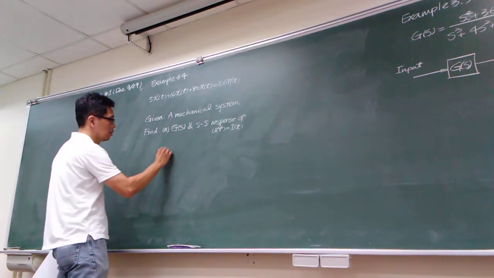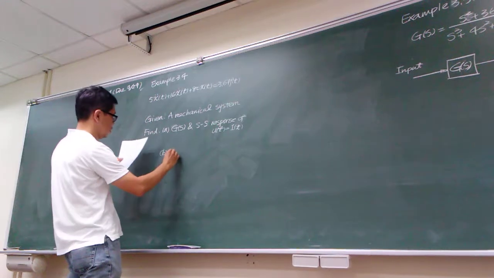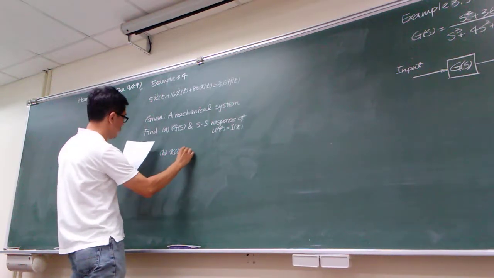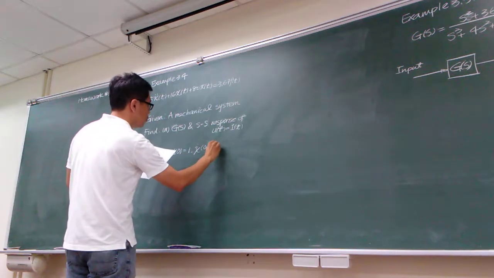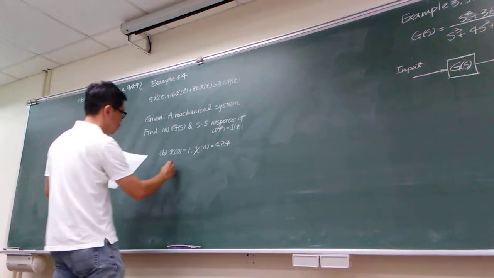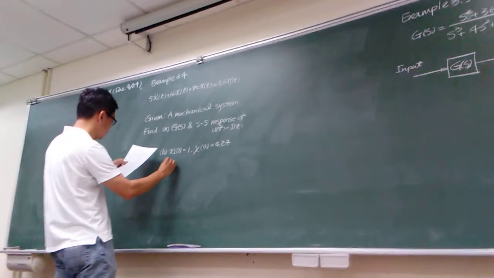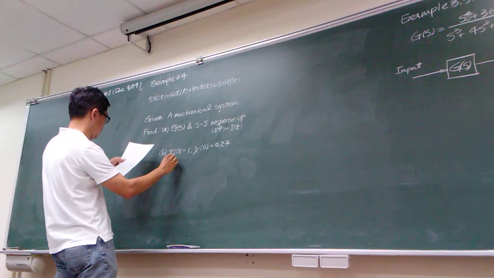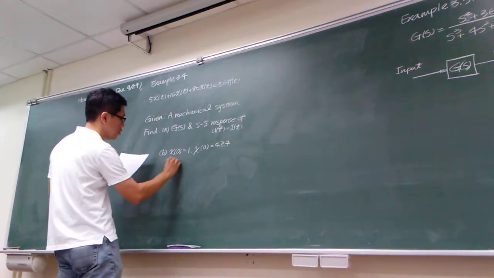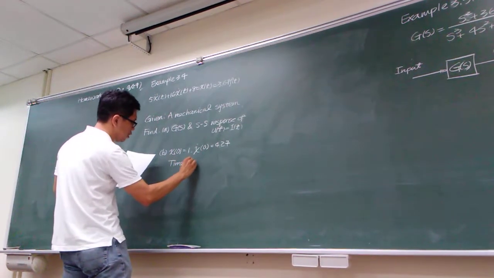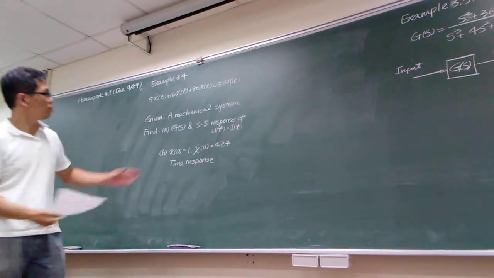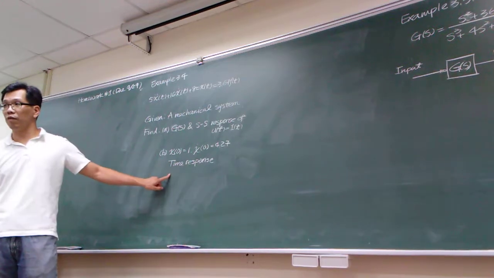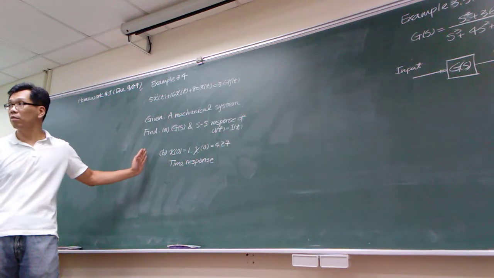Second, x naught equals 1, x dot naught equals 4.27. We need to find the time response. Okay, should be pretty straightforward. This is just using inverse Laplace transform. Any question about what we're going to do?